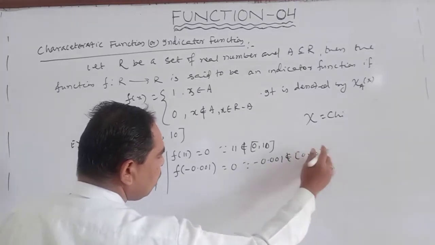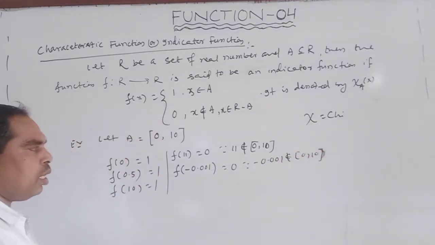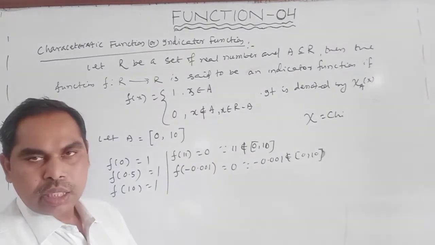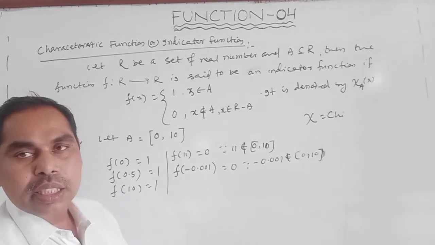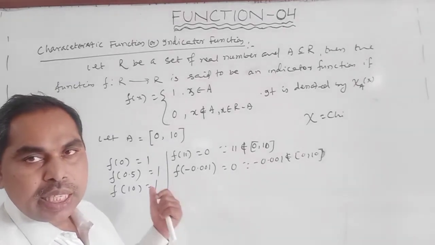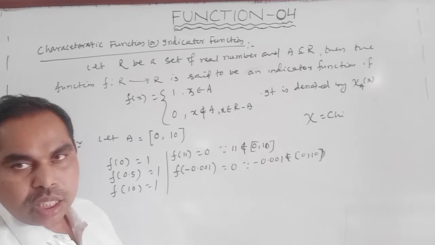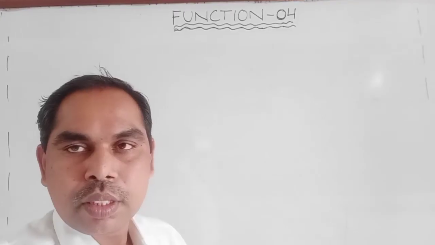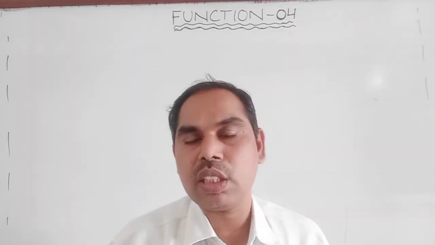So when x belongs to set A, the value of the function is 1. When x does not belong to set A, it is 0. This is called the indicator function, or characteristic function.